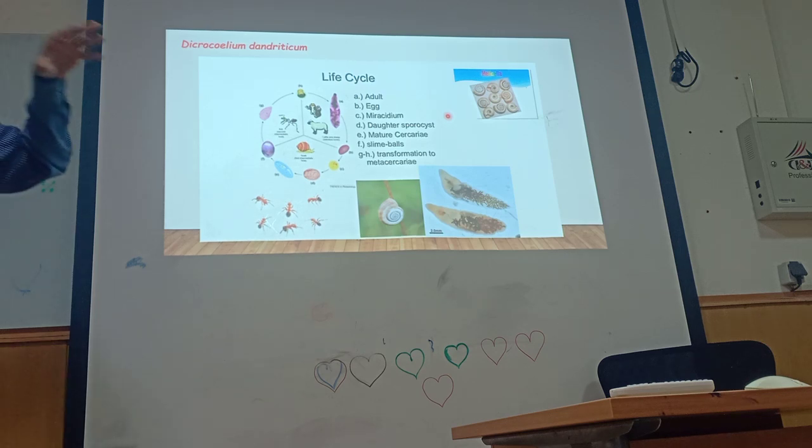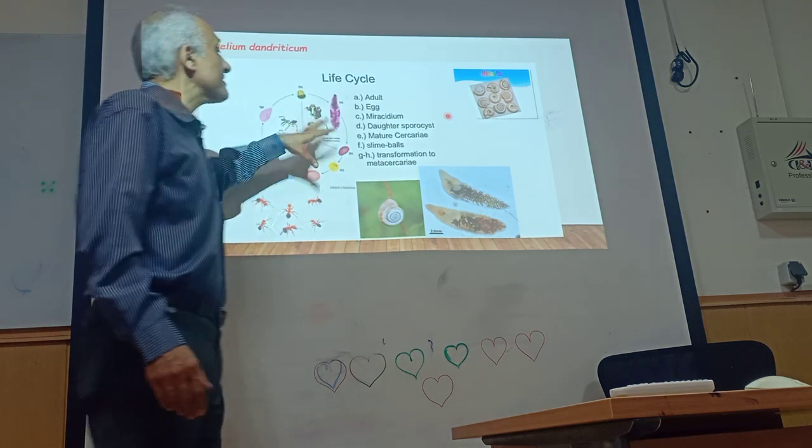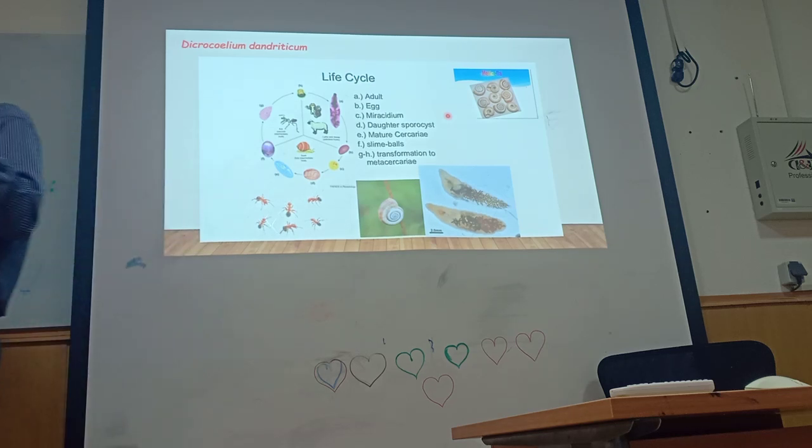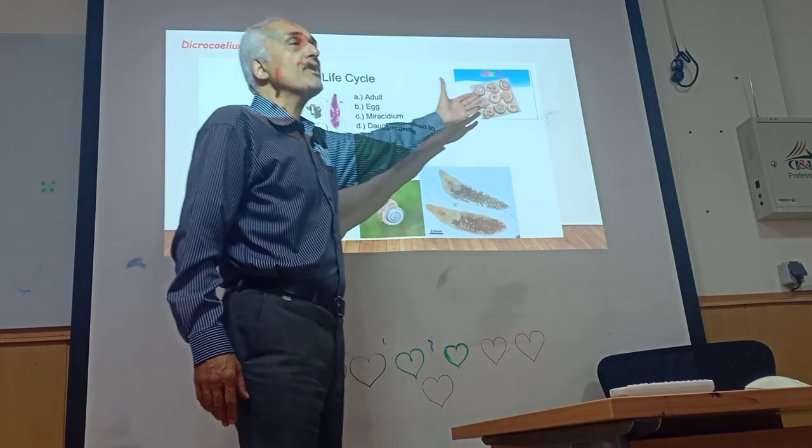And again, in the life cycle of this parasite we have snails as intermediate host, but not freshwater snails, terrestrial snails. Snails living in the soil, like this discoid one.